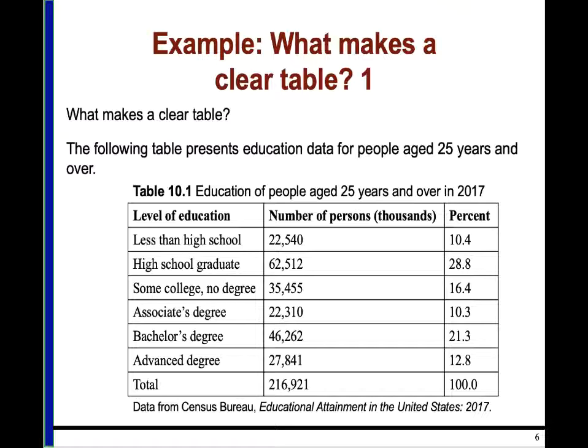And so you can see these percentages will add up to 100%, or at least something close to 100%. Occasionally there are some rounding issues. One thing that's nice about a clear table is that you have these clear labels and you're able to very quickly and all at once observe the distribution of the data.